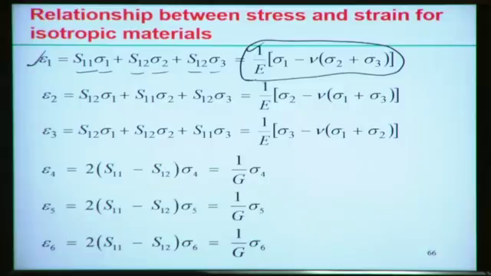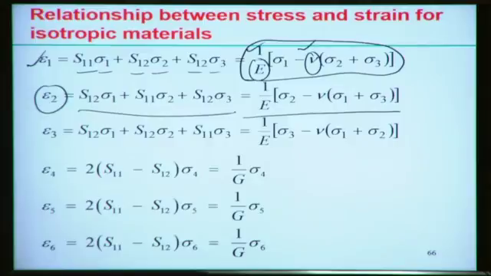That is true when we derive in terms of the elastic constants, correlating in a three-dimensional stress state the strain and stress relation in terms of the elastic constants E and nu. So in this relation we used only two elastic constants. Similarly, epsilon 2 can be represented like this, coming from the relationship of the compliance terms, and similarly epsilon 3.